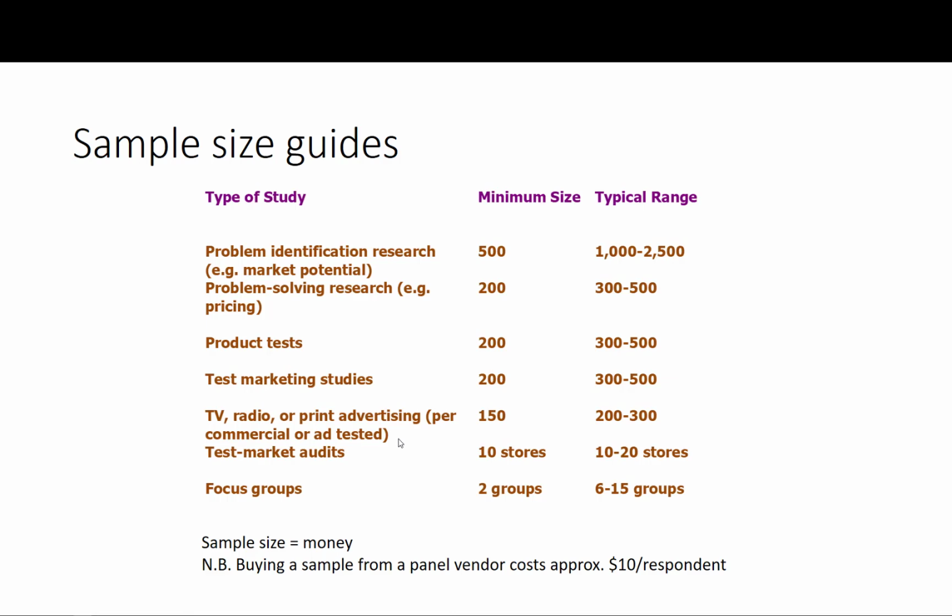Product testing. This can be quite complicated and expensive if you need to get people into a particular location to try the product. So minimum size of 200, typical range 300 to 500. Similar to test marketing studies. However, test marketing studies, as I've talked about previously, when McDonald's uses Adelaide as their test market.